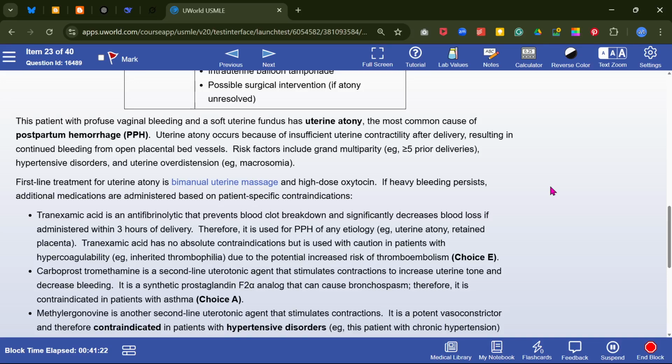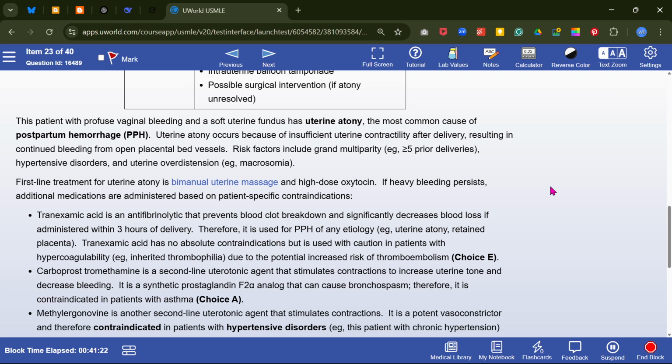Carboprost tromethamine is a second-line uterotonic agent that stimulates contraction to increase uterine tone and decrease bleeding. It is a synthetic prostaglandin F2 alpha analog that can cause bronchospasm and therefore it is contraindicated in patients with asthma.